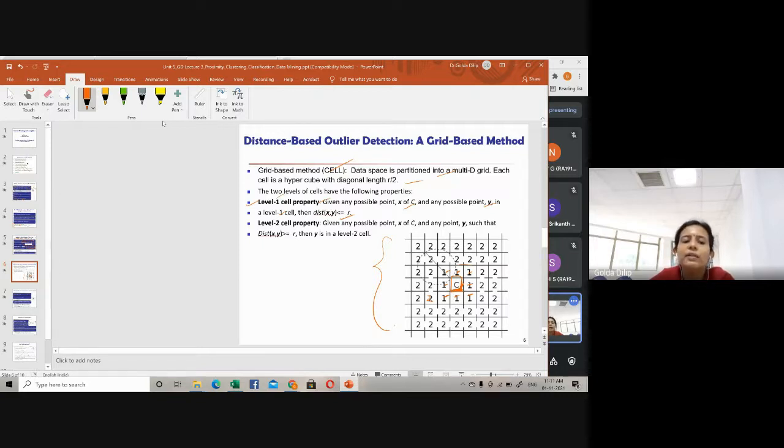But with respect to the level 2 cell property, the distance will be greater than or equal to r, and only then will y be treated as a level 2 cell. This is how it is configured as a grid-like structure for better processing time.